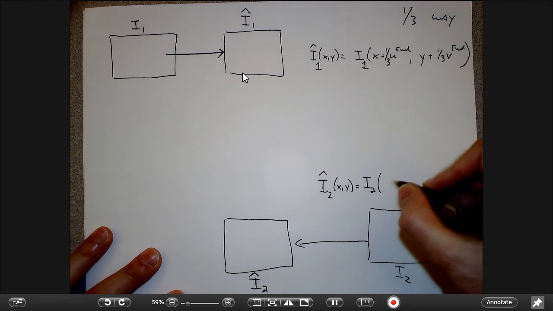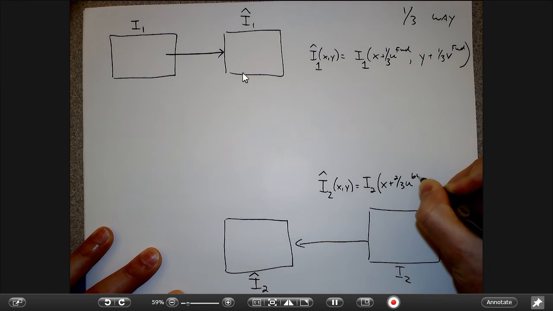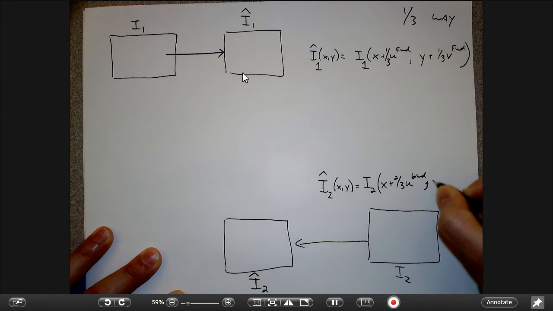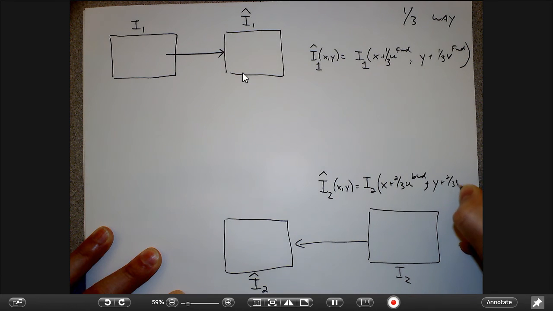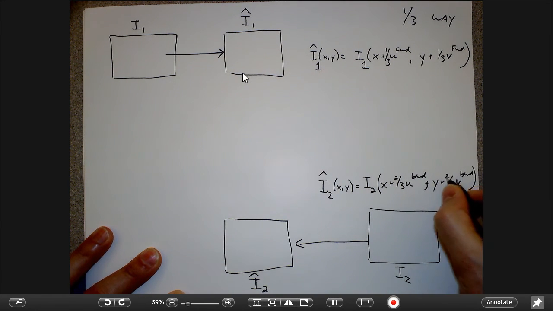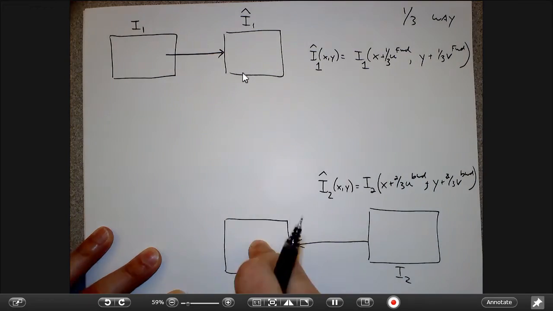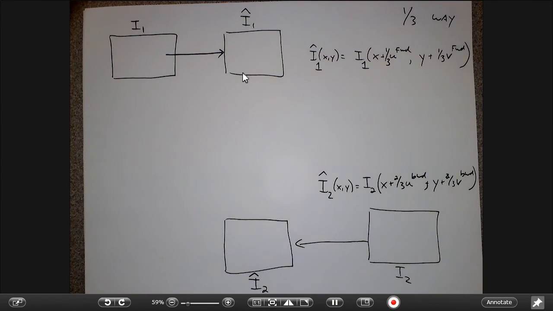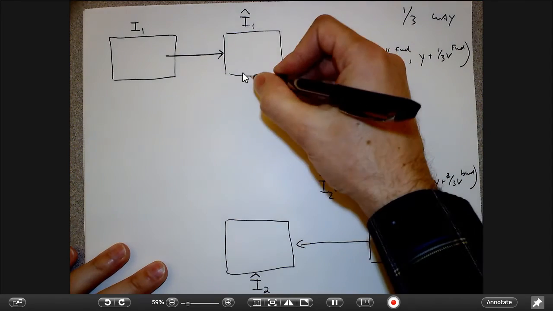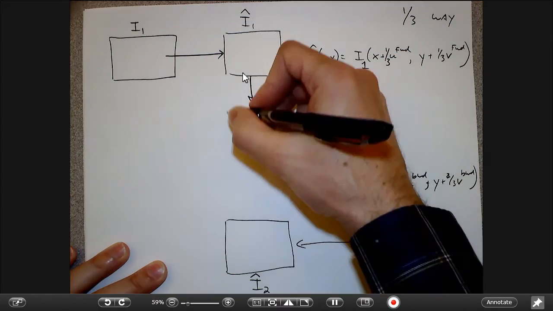And so this is like saying I take 2/3 of the backward flow, and 2/3 of this, right? At this point, in theory, these two guys are spatially comparable, right? I should have flowed everything from image 1 over and everything from image 2 over, so those two images roughly have things in the same place. And at this point, I can say, okay, now I'm going to cross-dissolve these things.